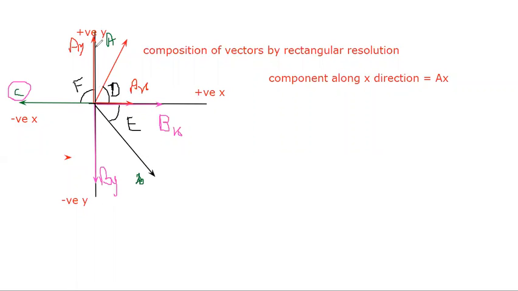So a vector has no component in a direction perpendicular to its direction. Understood, everybody?